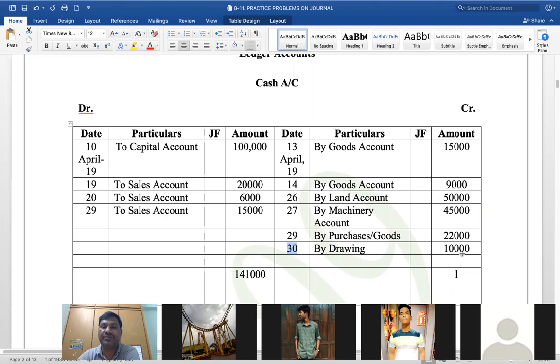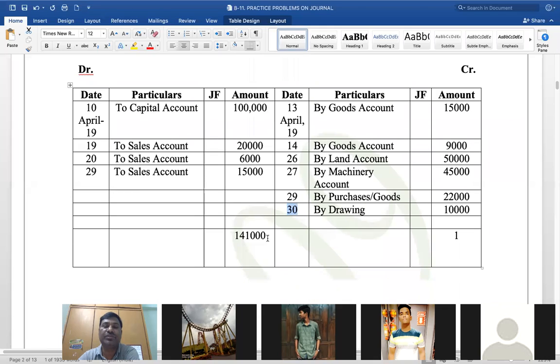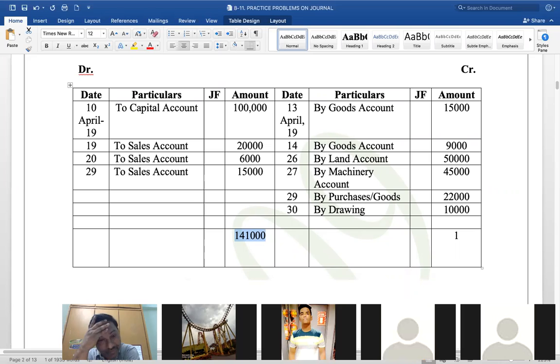Now, I want you to take the total on the debit side and the credit side. What's the total on the debit side? 1,41,000.